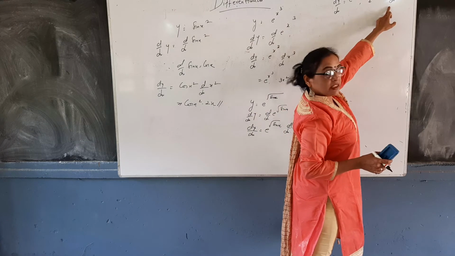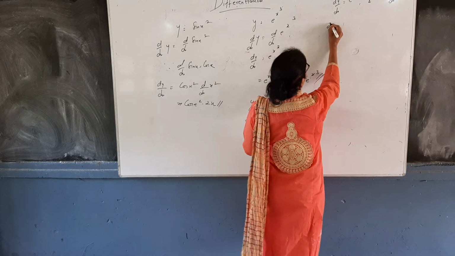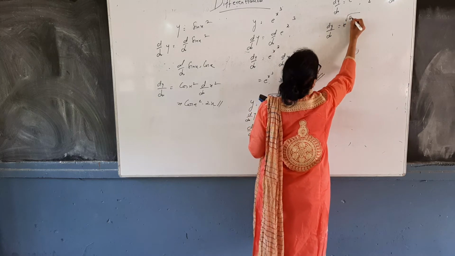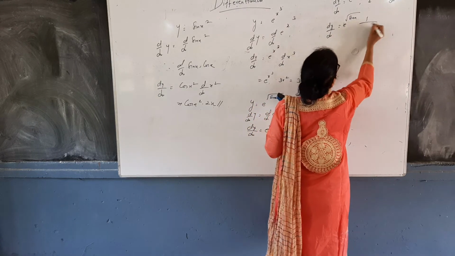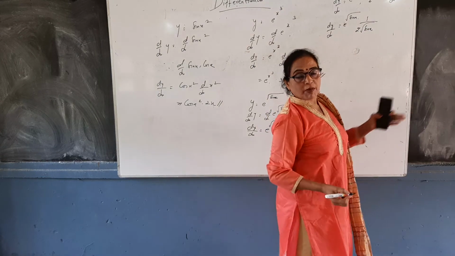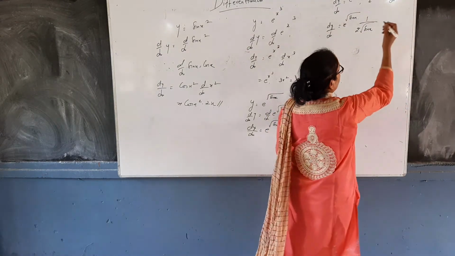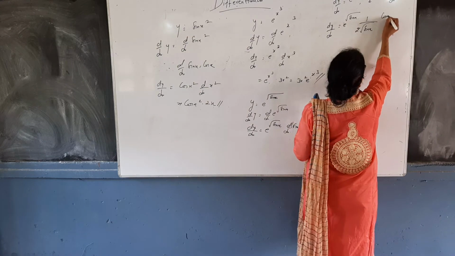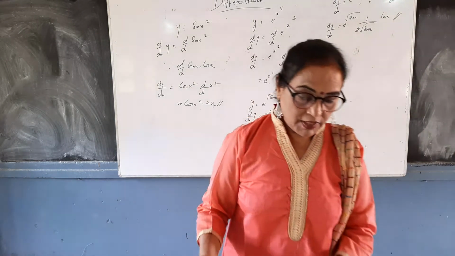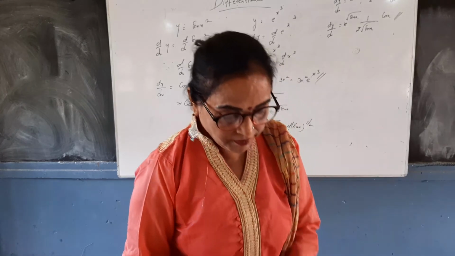Then we have to differentiate sin x also. So here we will get dy by dx equal to e raised to power under root sin x into 1 by 2 under root sin x. Since the power is minus 1 by 2, take it in the denominator, and the derivative of sin x is cos x. So this is our answer. No doubt here, anyone? Now further, one more sum.